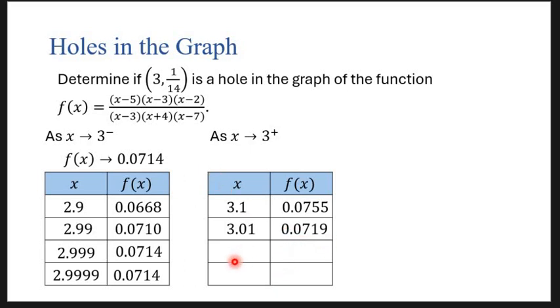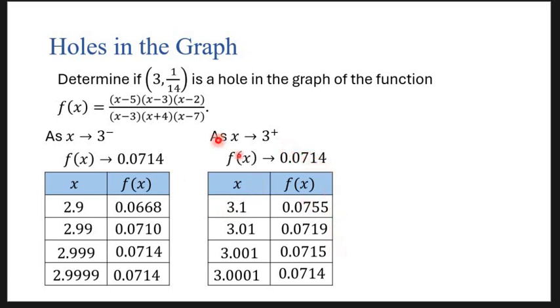And then I'm going to plug in 3.001, even closer to 3, for all the x's. I'm going to get 0.0715. And last, I'm going to plug in 3.0001, and I get 0.0714. So as x approaches 3 from the right, it seems like I'm approaching that same number, 0.0714.